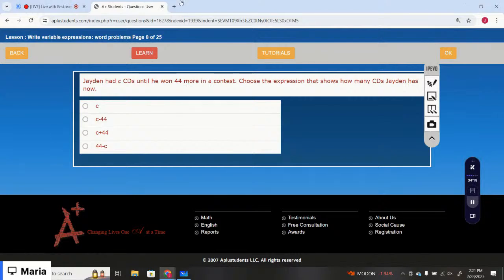That is c plus 44. Option number 3 is the correct option. Okay, you can complete the lesson by yourself later today. Let's just move on to next lesson.